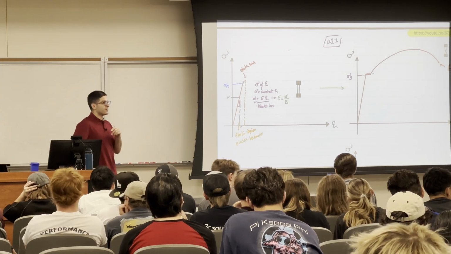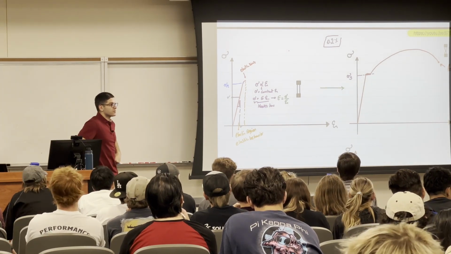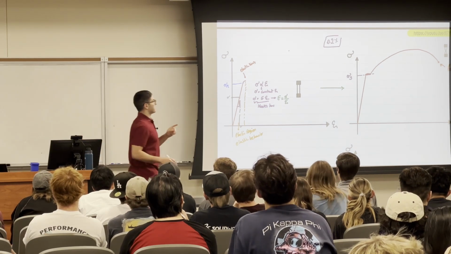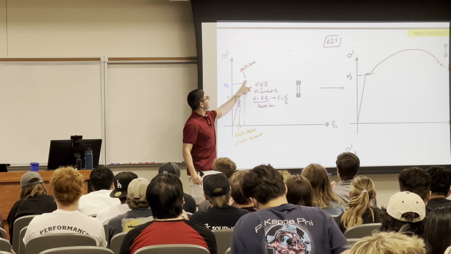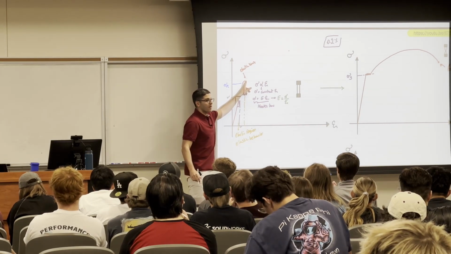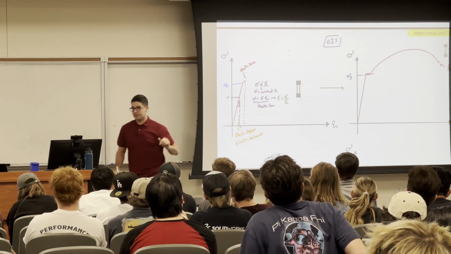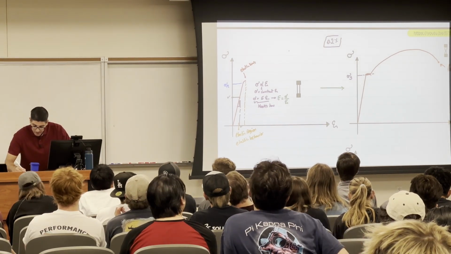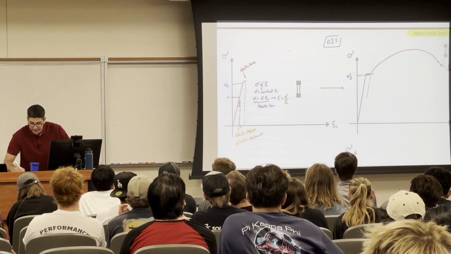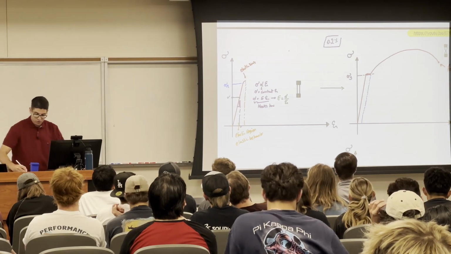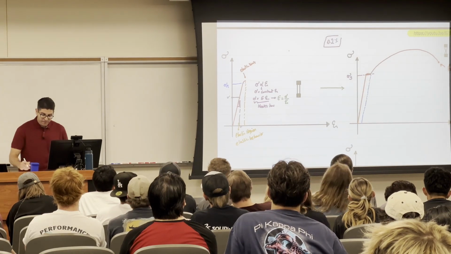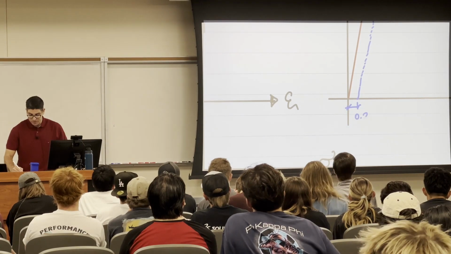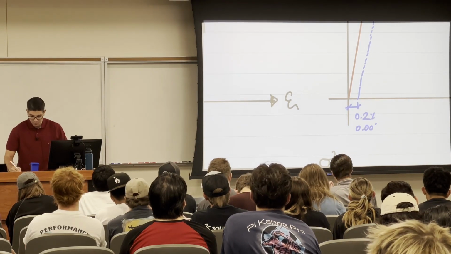Tell me, what's the difference between the elastic limit and the yield stress? It seems like they're the same. Okay, the difference is if I unload at the elastic limit, I will not have any permanent deformation. But at the yield, if I unload, you need to go back in a line parallel to this linear line, and you're going to find that your material has a permanent deformation of 0.2%, or 0.002.